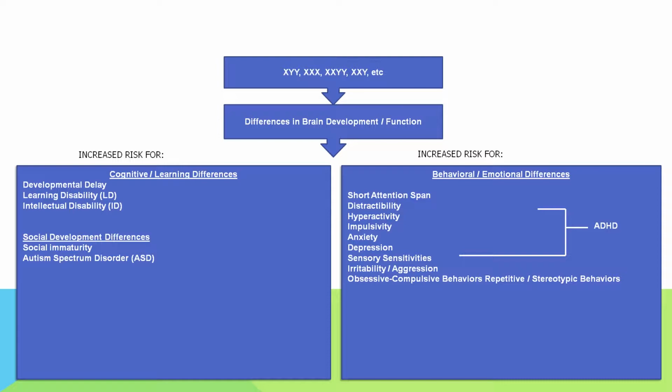This combination up here is often referred to as ADHD, but these are all the risks. Clearly not everybody with sex chromosome variations has all of these things. If some of the behaviors are present, such as a short attention span, it doesn't necessarily mean it is ADHD for sure. And there's a lot of variability, as you know, in terms of what symptoms different kids and adults present with.